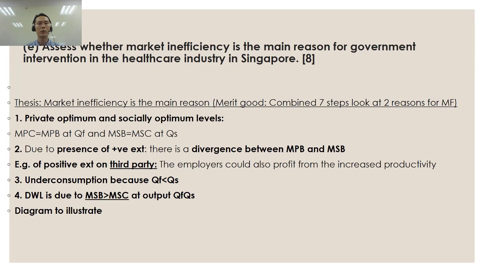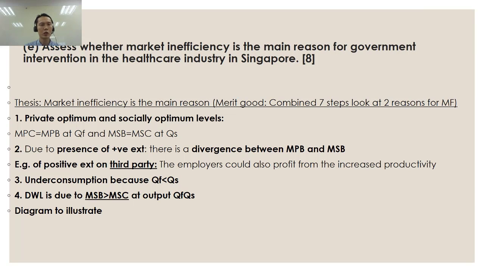The socially optimum level is at MSB equal to MSC at QS. However, due to the presence of positive externality, there is now a divergence between MPB and MSB.